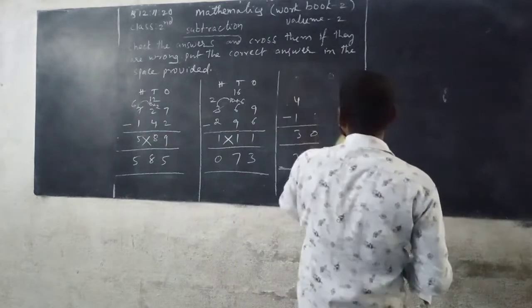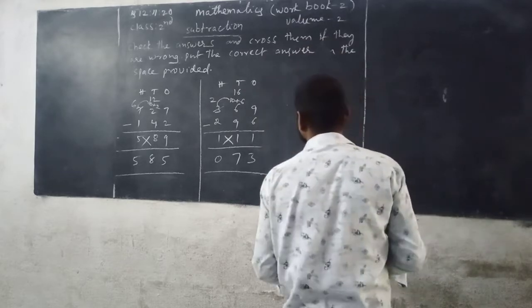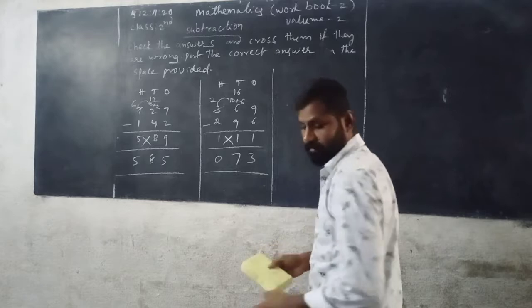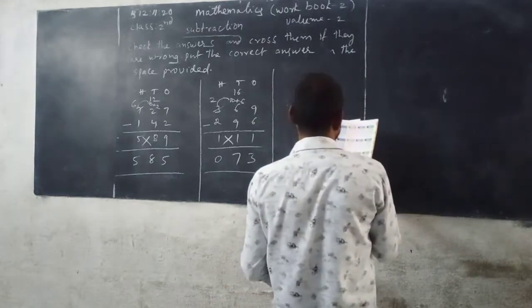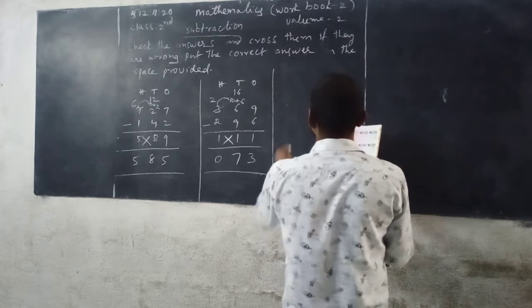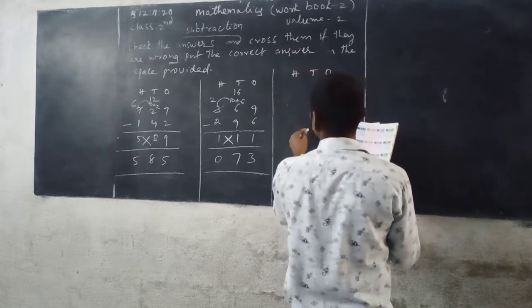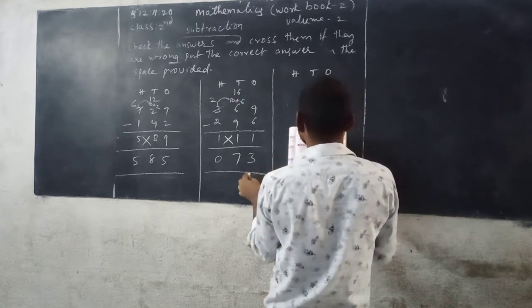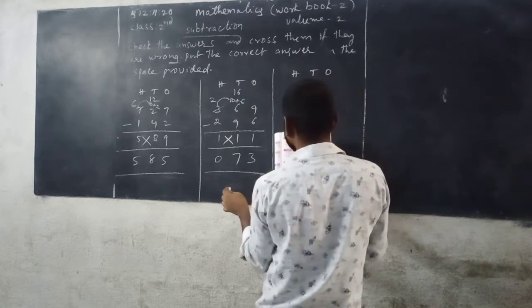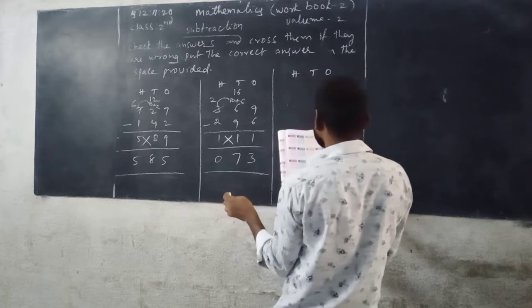Now next one is, this is hundreds place, tens place, ones place. 369 minus 296 here given.